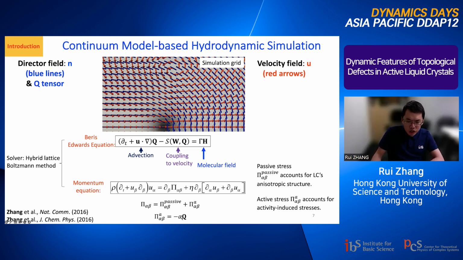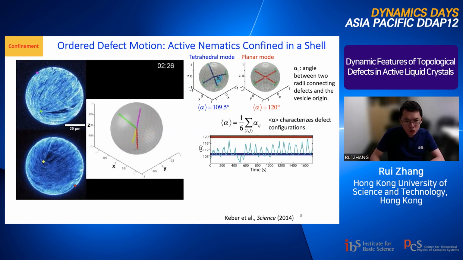And this alpha tells me how much my system is away from equilibrium. So we can treat alpha as the amount of motor proteins in the system. Without alpha, the system is like a passive system where every external stir will eventually die out. The system will dissipate energy and eventually reach some equilibrium. But with the active stress term, the motion of the system can be sustained.